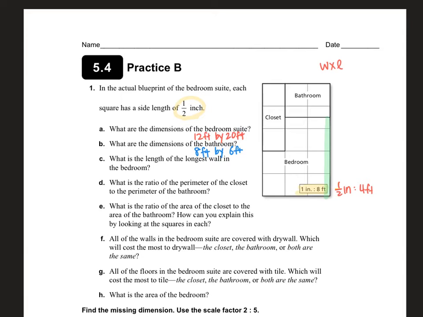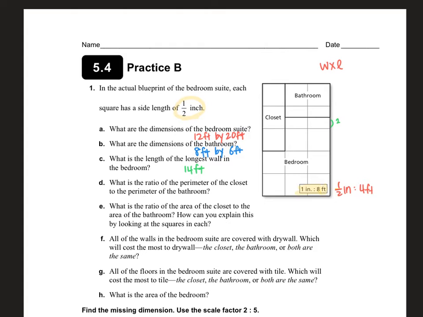I have 1, 2, and 3, and then I have the other half that's not covered with a bathroom, so I have 2 feet for those. So I have 4 times 1, 2, 3, which is 12 plus 2, so I'm going to have 14 feet for the longest wall and its length.